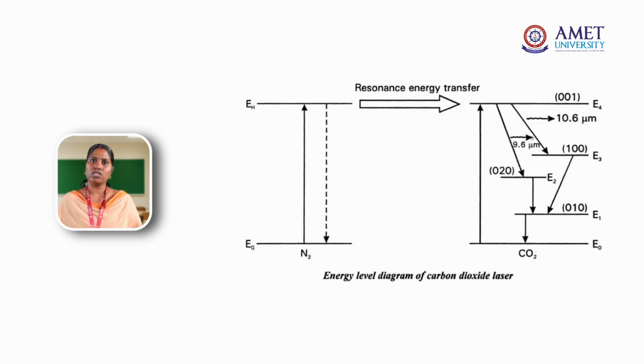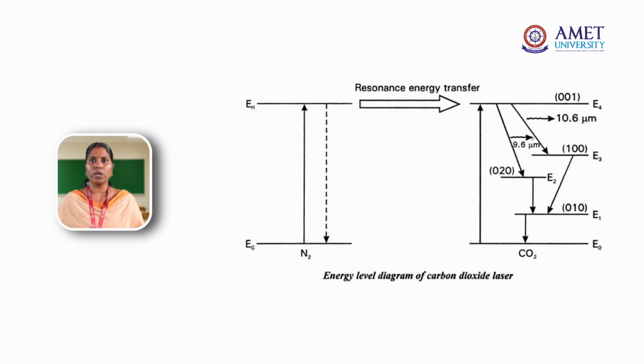How? The nitrogen has some energy and it collides with the carbon dioxide. Now carbon dioxide has absorbed all its energy and nitrogen loses its energy. Here in this diagram, nitrogen went from the ground state to the excited state and passed its energy through collision.